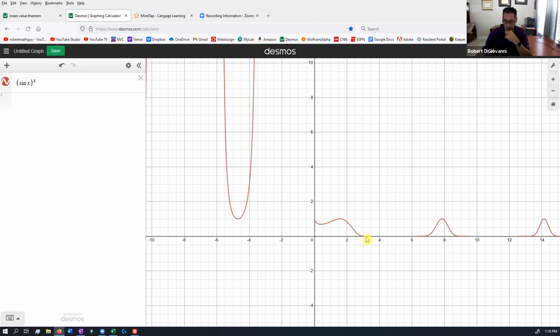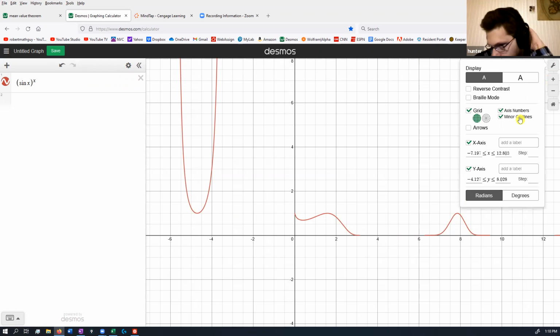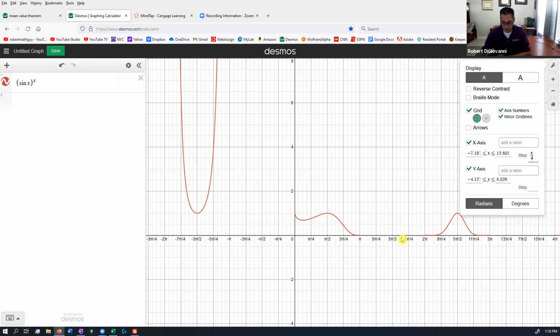So you can see here that we have problems in a little region right here, because that's where that sine graph goes below the x-axis. If I were to label this stuff with pi's instead, you can see that between pi and 2 pi, that's where the sine function goes below the x-axis. And so this thing is having major trouble taking negative numbers and raising them to positive powers.